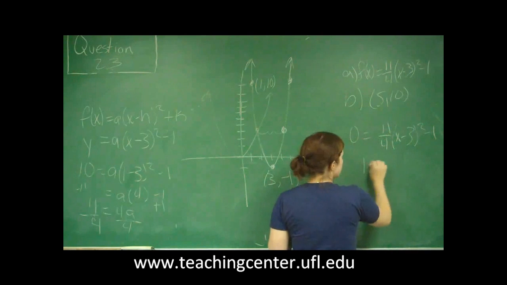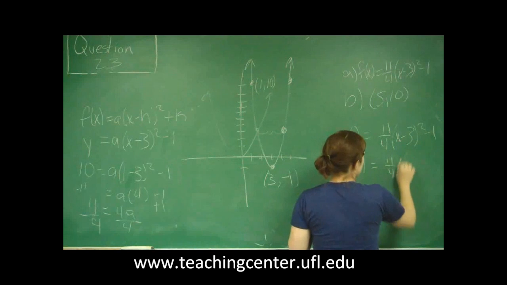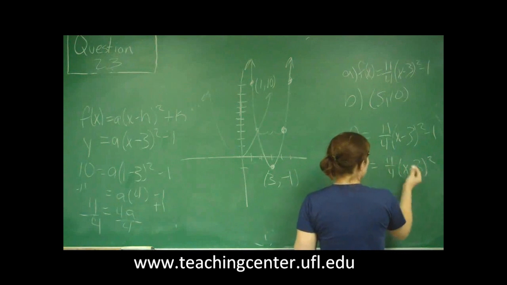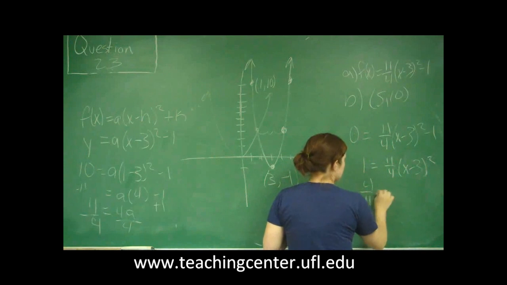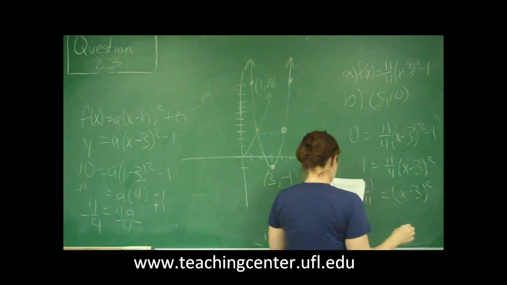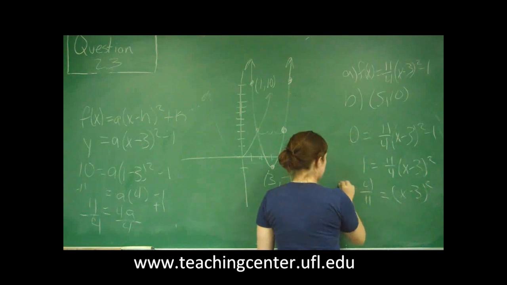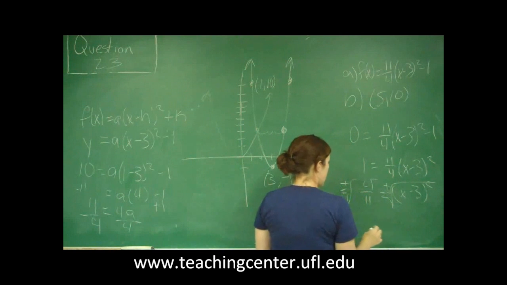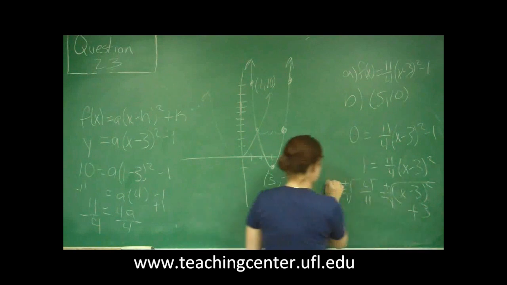We're going to add 1 to both sides. I'm going to multiply both sides by 4 over 11. Now I'm going to take plus or minus the square root of both sides, and then I'm going to add 3.